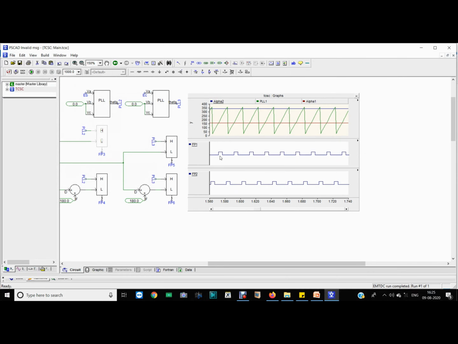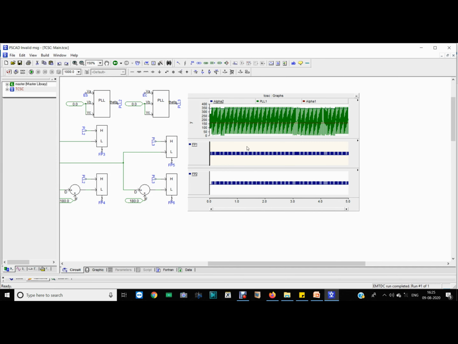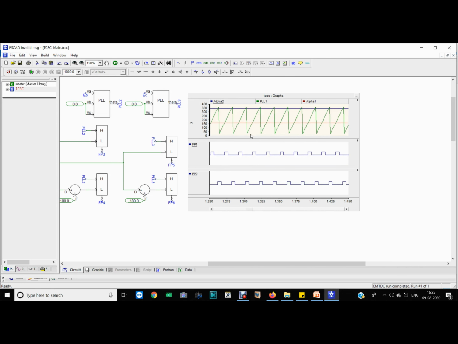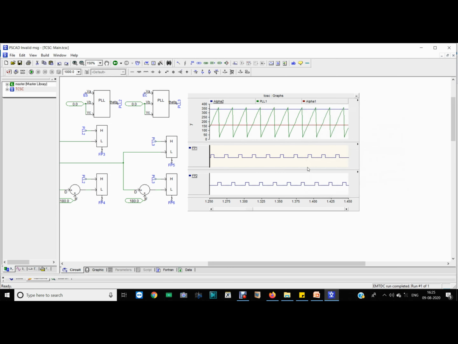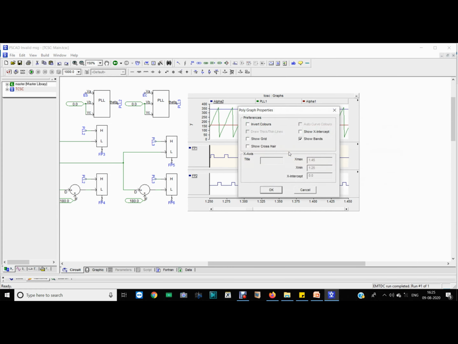Okay, this width of the firing pulse can be changed by this. Now PLL1 greater than AP1 will give you the firing pulse 0 to 1. Okay, just double click on this.